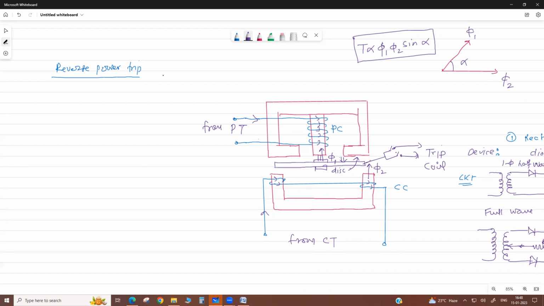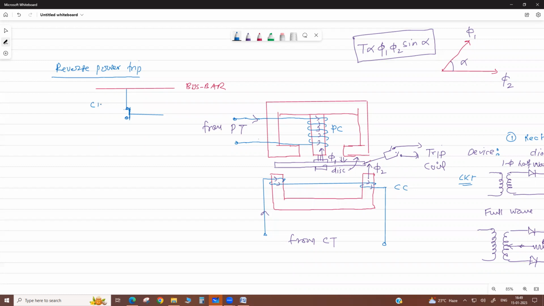Now I will show you one feeder. Suppose this is your bus bar. Now there is one feeder coming, either from an alternator. There is a circuit breaker, I will show it simply. This is your breaker, it is closed, suppose.